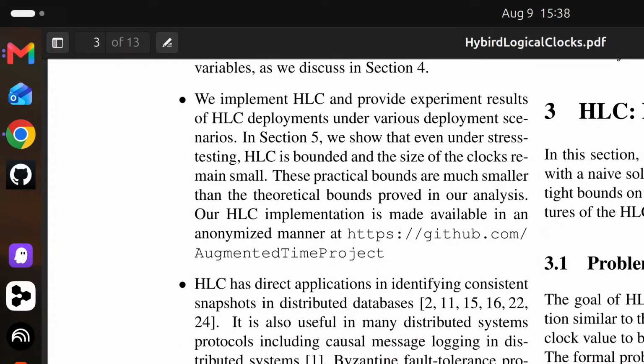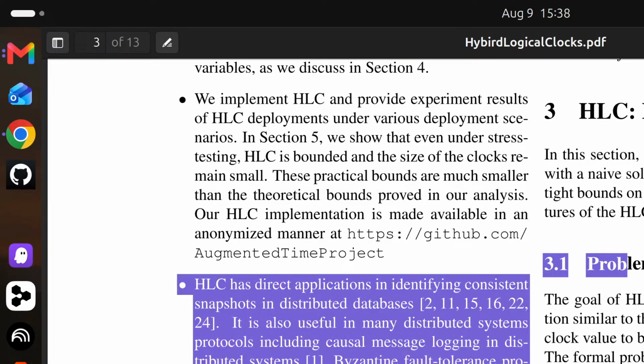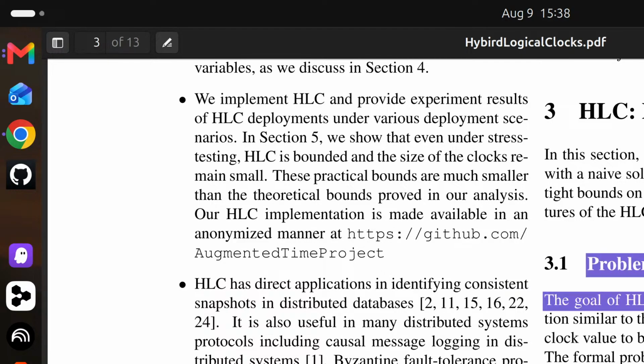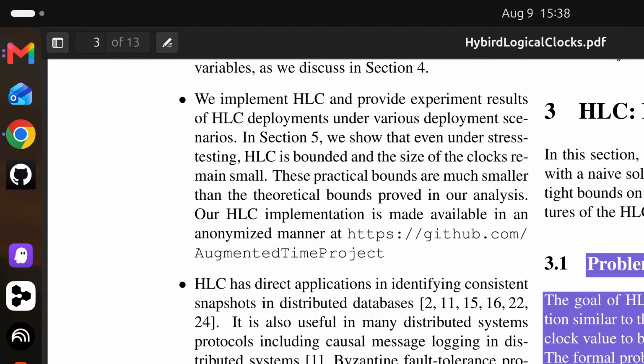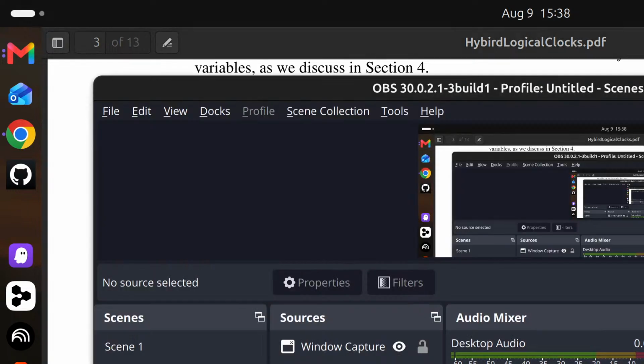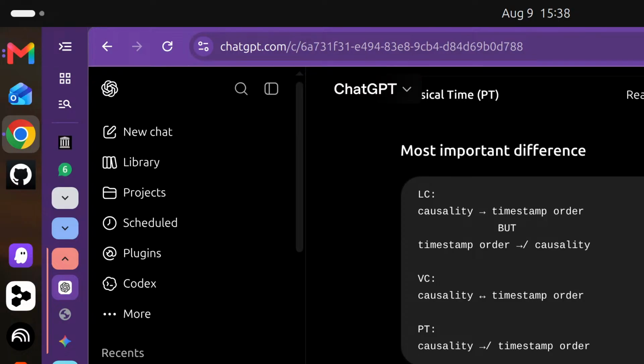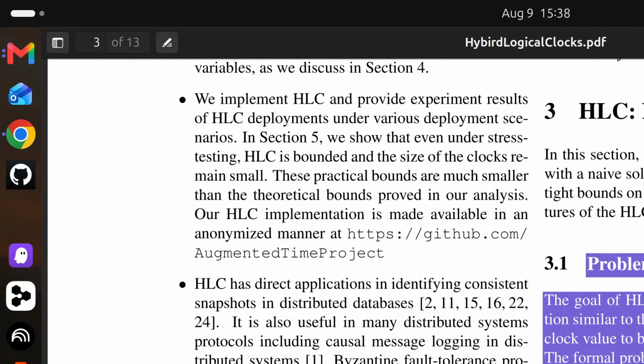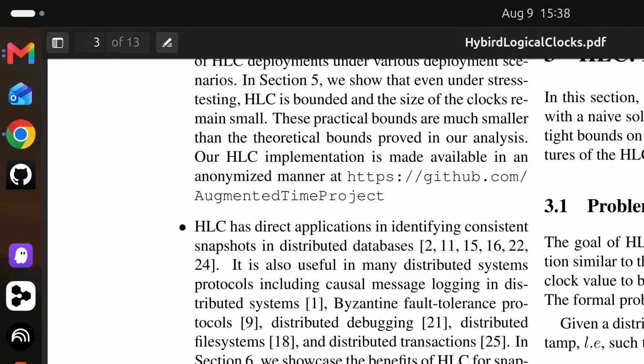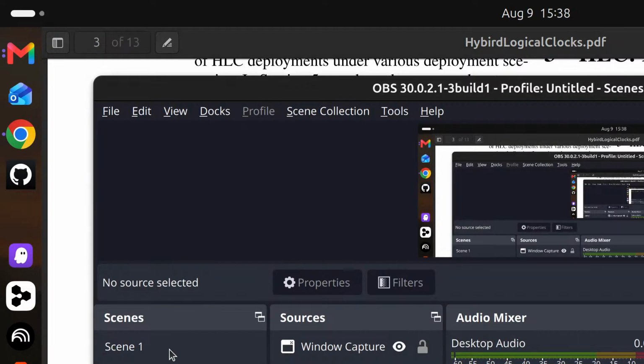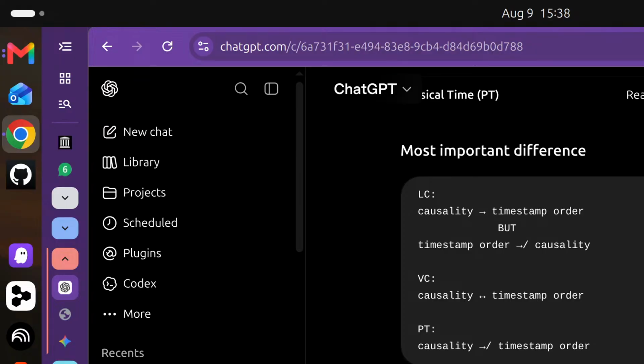And then go through this. Problem statement. Here.